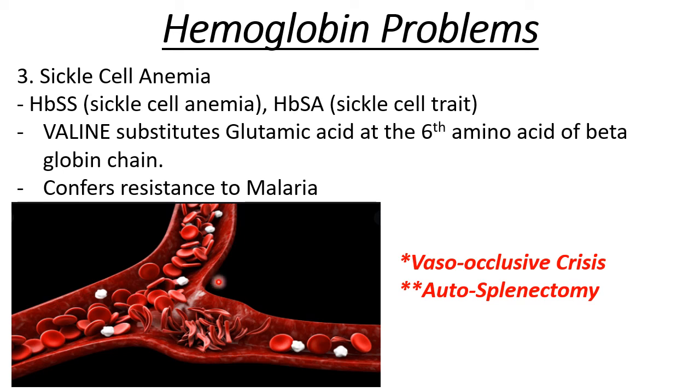And kapag nangyari itong type of crisis na to sa spleen, nagkakaroon ng autosplenectomy or nasisira yung spleen. Therefore, kapag walang blood flow, lumiliit ng kusa yung spleen and namamatay yung spleen. So, tinatawag natin autosplenectomy.